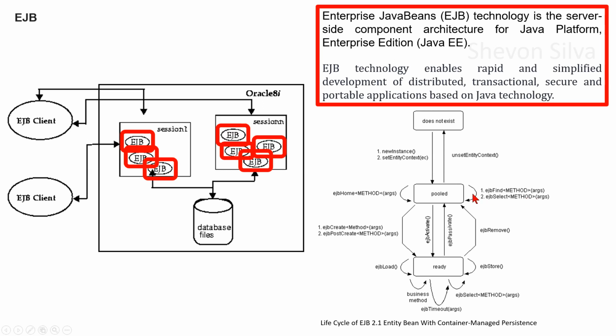To transition from the pooled state to the ready state, the following occurs for a new instance. The ejbCreate method is invoked and the ejbPostCreate method is invoked.